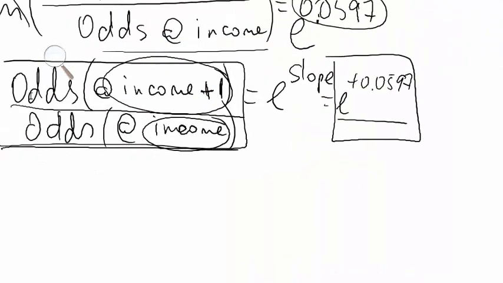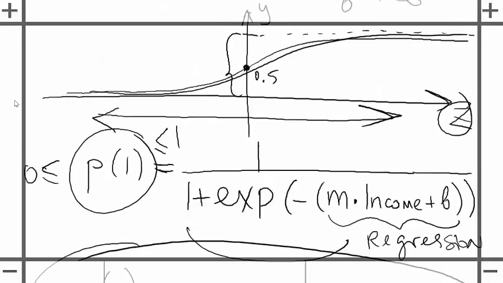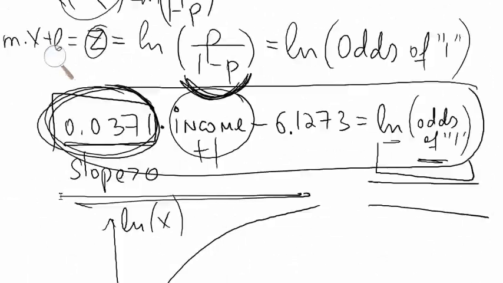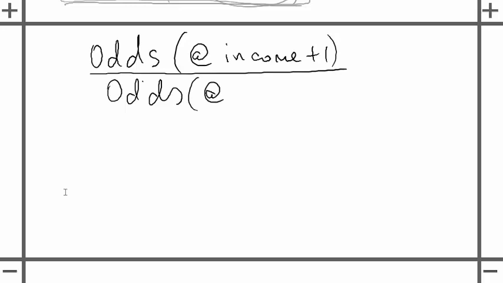Now let me go back to the OneNote. Here's what I found out from my calculations. If I take odds at the level of income plus 1 after the salary increase, divided by odds at the old level before the salary increase, the ratio is 1.06.